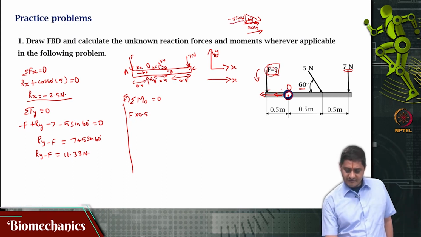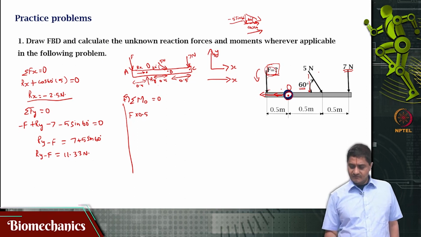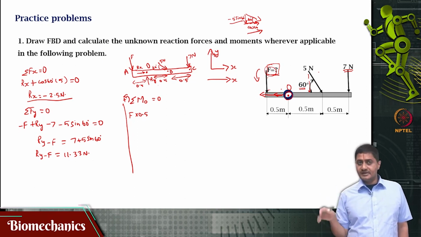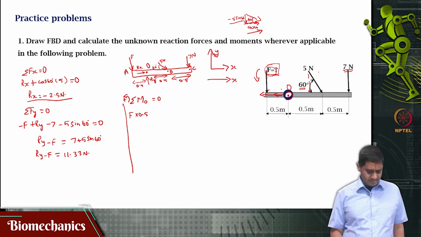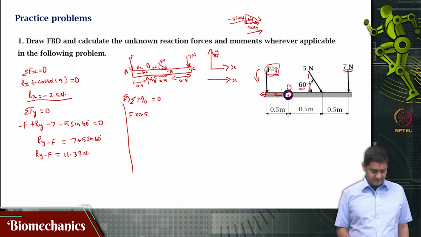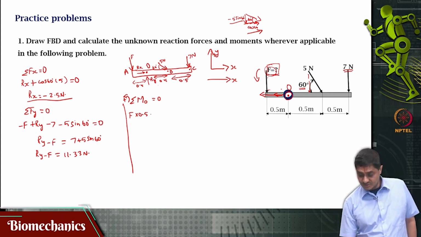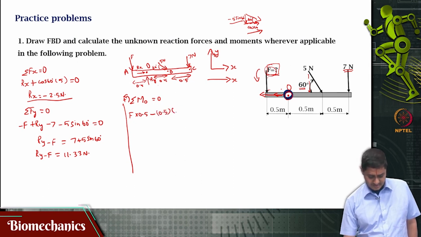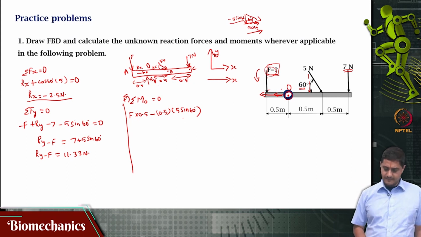This minus 5 sin 60, this vertical component will be causing a moment in the clockwise direction with a moment arm of 0.5, is it not? And that will be in the clockwise direction. So, that will be minus 0.5 times 5 sin 60. Okay.